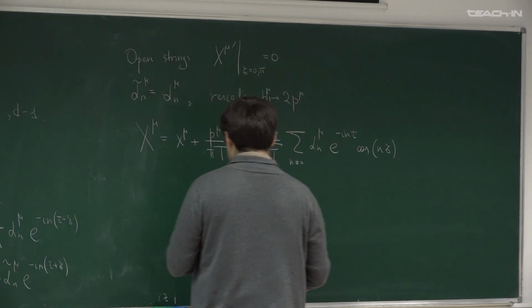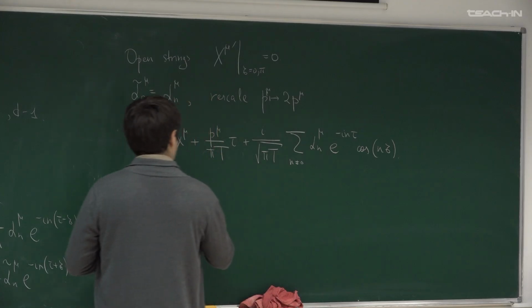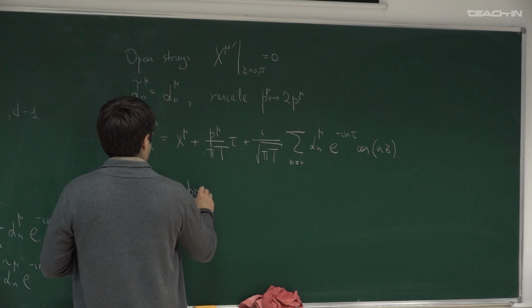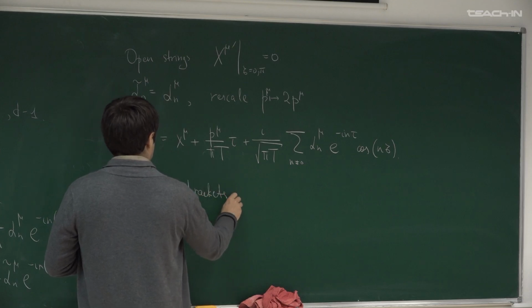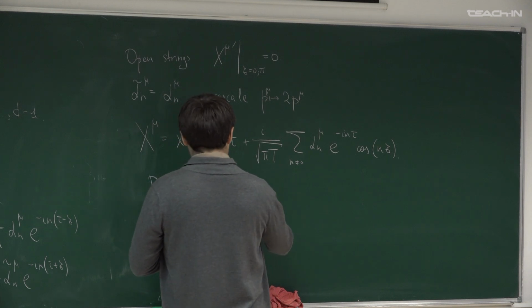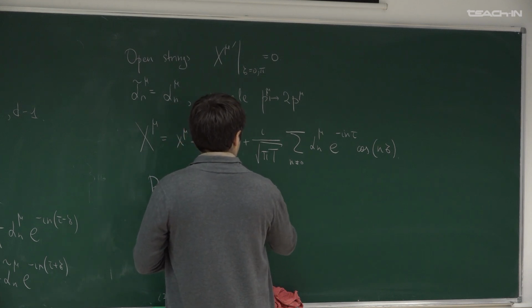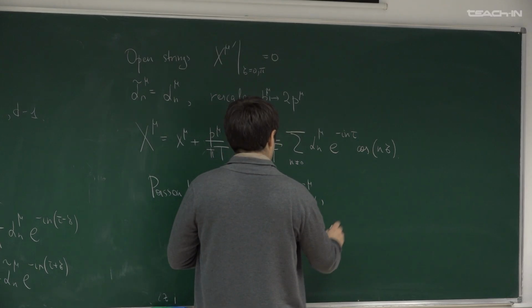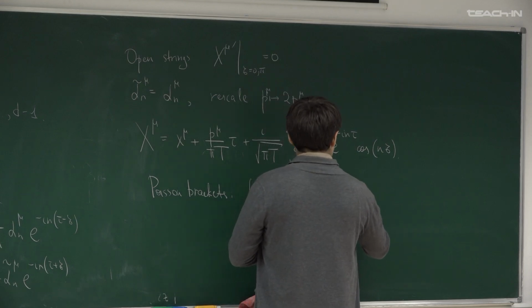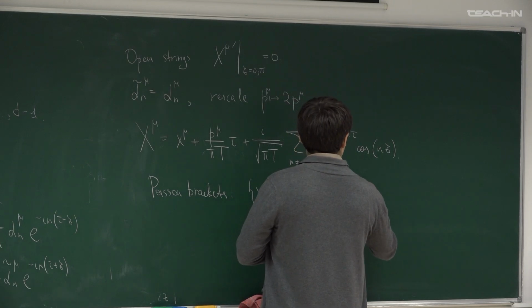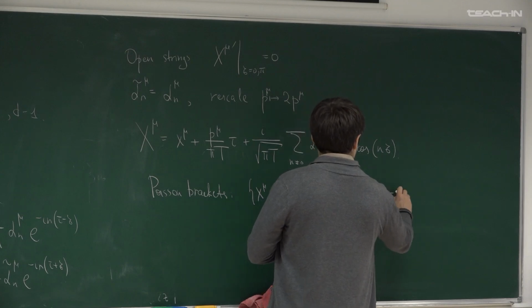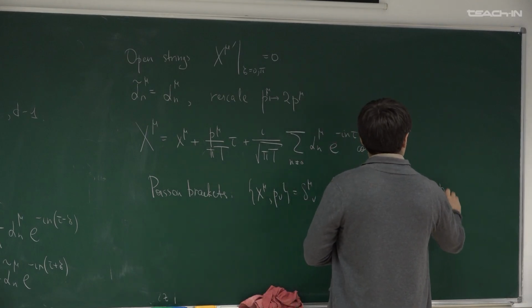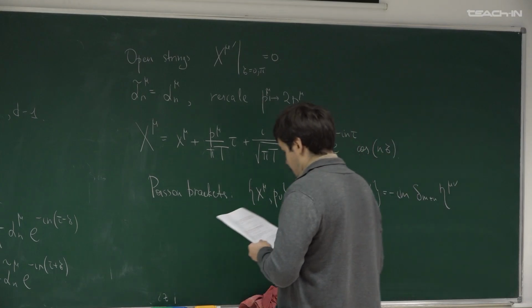And the Poisson brackets of the oscillators are uniform for both cases, so the Poisson brackets are as follows.